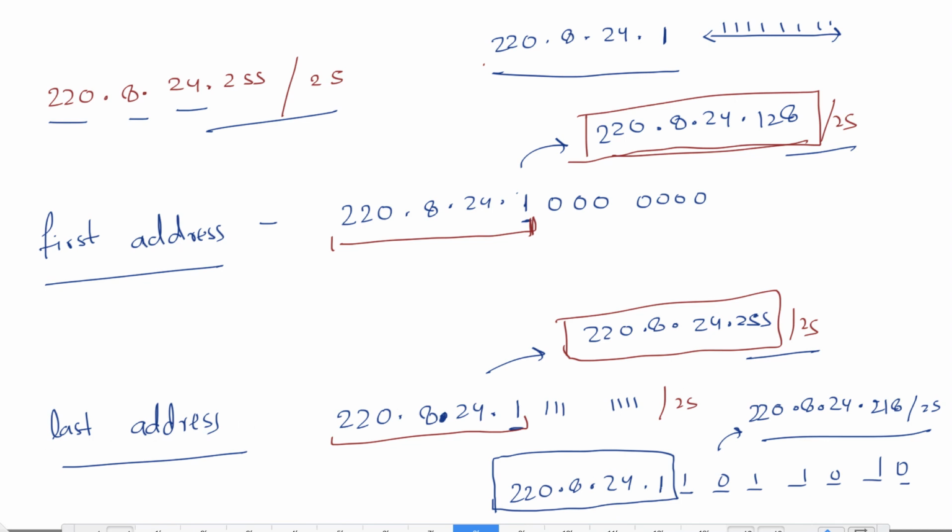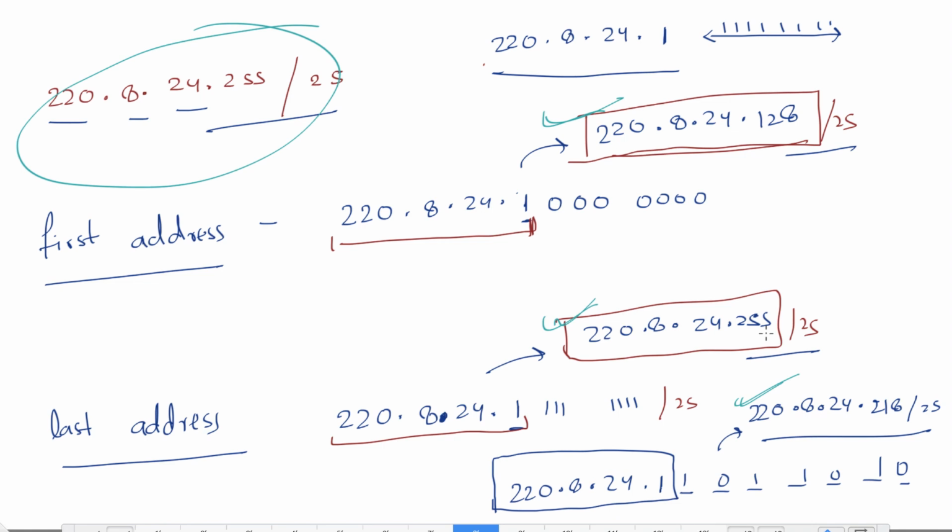In all of these, the initial 25 bits are the same, and that's what matters. Because the last 7 bits are changeable, all of these addresses represent the same network, though obviously they are different IP addresses.